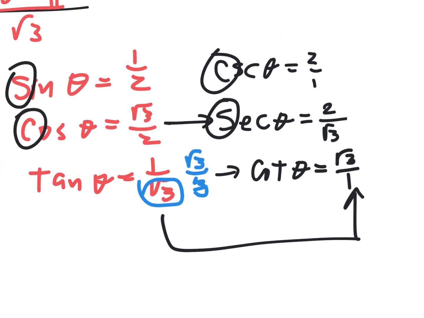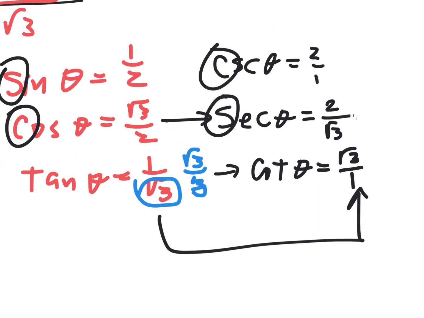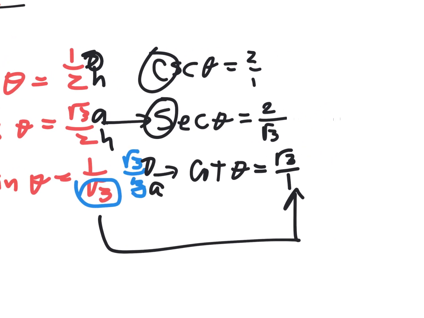Now, if sine, cosine, and tangent are defined as SOHCAHTOA, these would be CHO-SHA-COW.